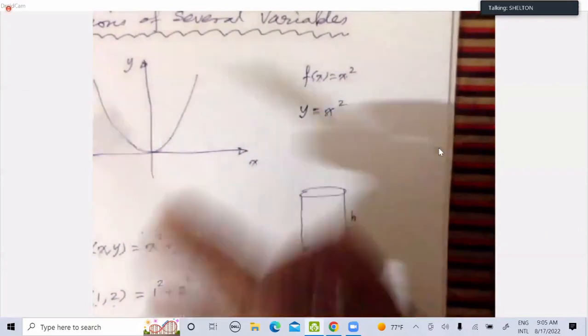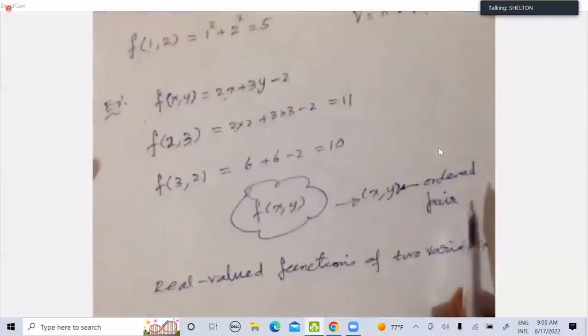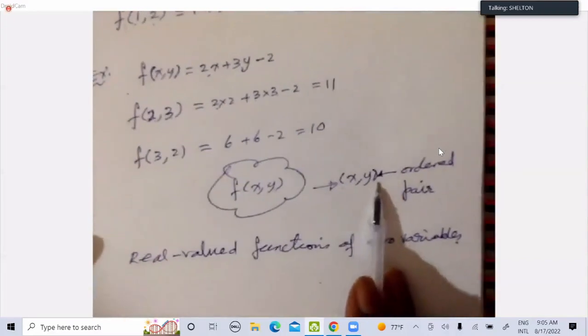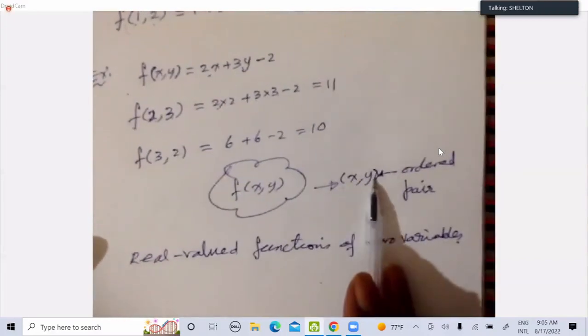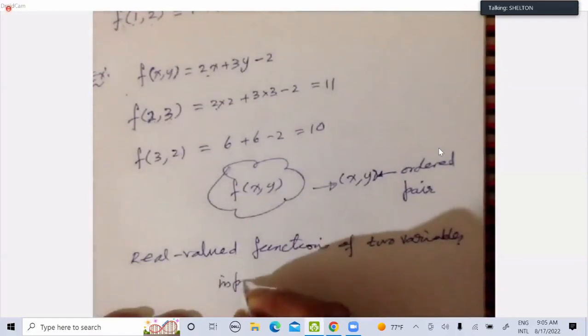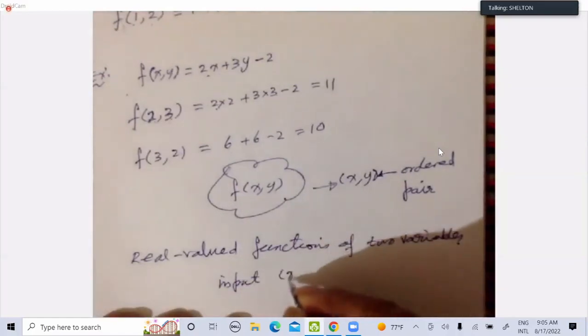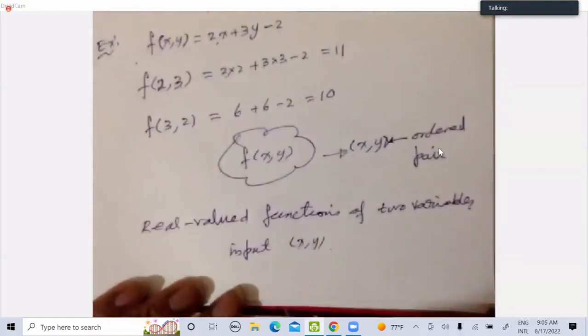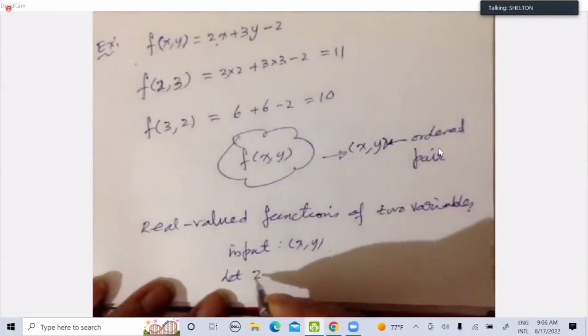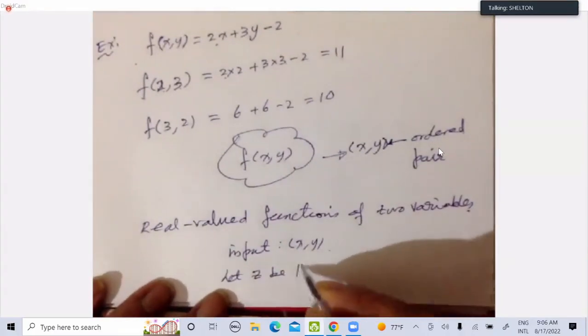Use this xy plane. Now what happens? Input itself requires two numbers, x and y. Input x comma y. Let Z be the output.